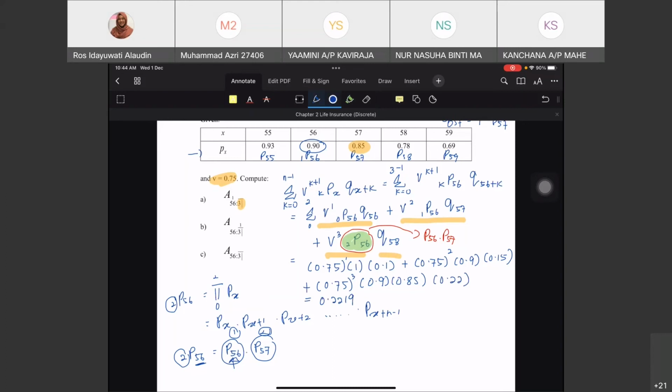This is how we find the discrete case if we don't refer to the table for the shorter period. For the life table with a longer period, since now we only have 3 years, n is equal to 3, so it can still be computed one by one.